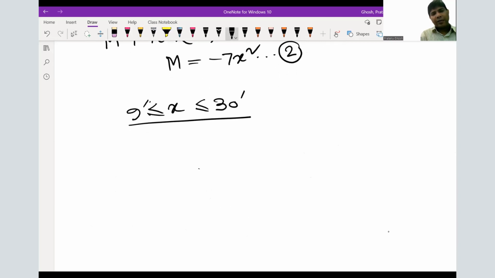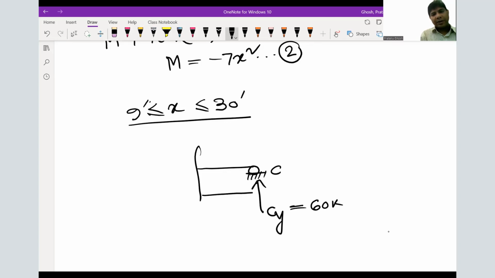So we are now cutting from the other side. C is there. Cy, we have 60 kip. So distance will be now 30 minus x. And still rectangular distributed load.